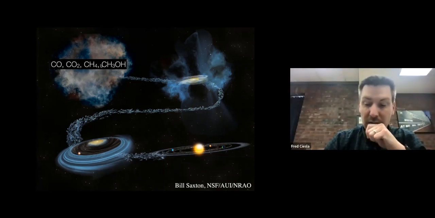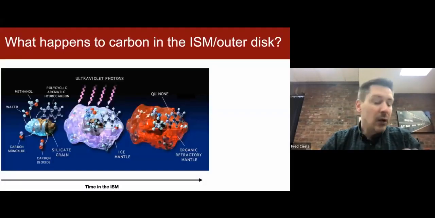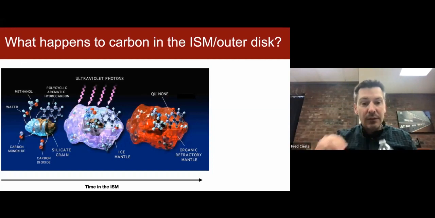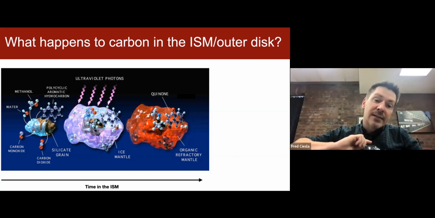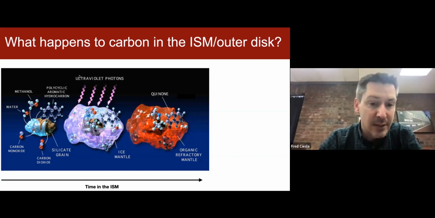What then occurs? And with carbon, it's important to understand not only what are the icy species that are present, but what else happens to these carbon carriers, particularly in the ISM. As I said, these are not places where equilibrium chemistry rules the day, but other things can be happening.